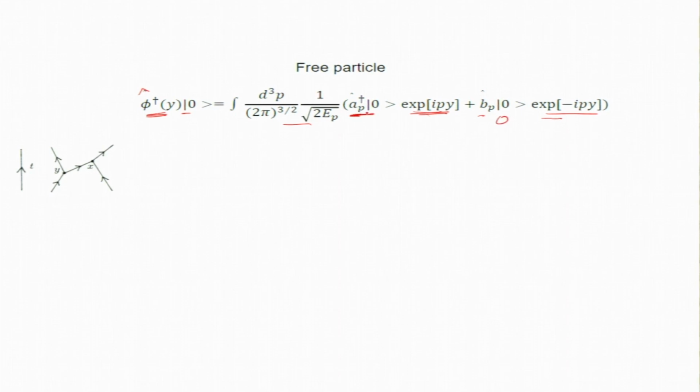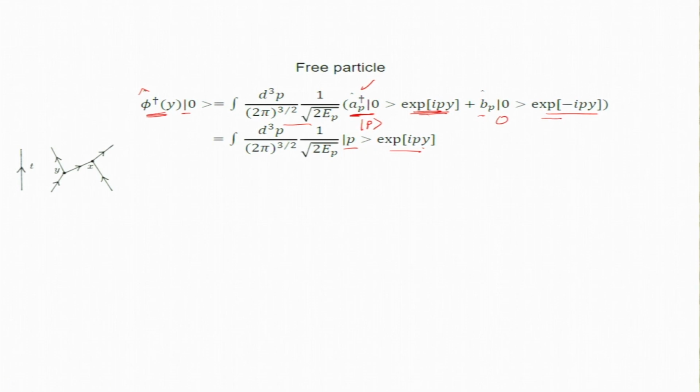And a dagger p acting on 0 will give you p; it will create a particle with wave number p. Okay. So, in the vacuum we create a particle, this is a creation operator, it is a particle, not an antiparticle. So, that is what we have in the next line. This is a dagger p and exponential i p y. So, this phase will also be there.